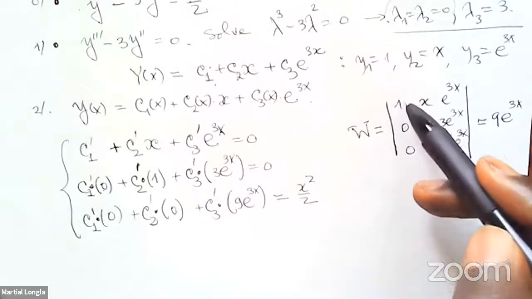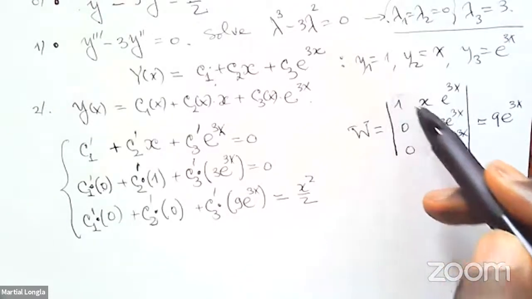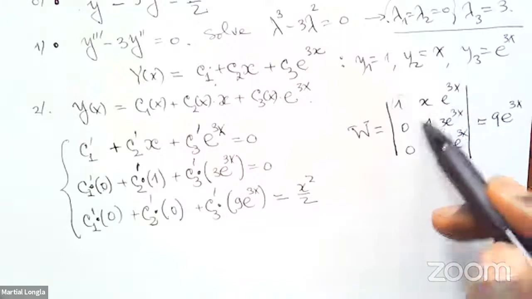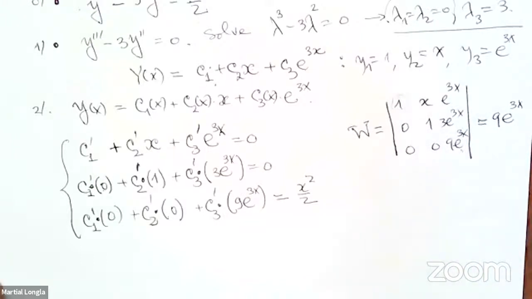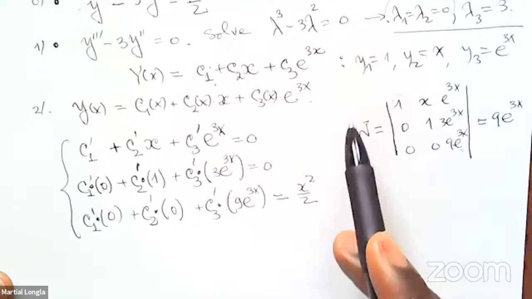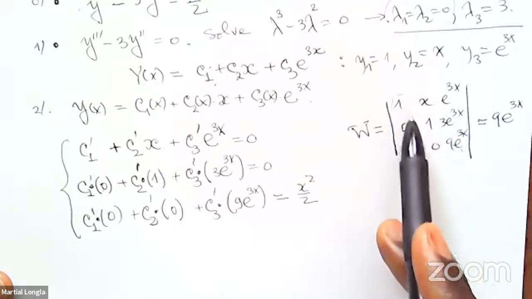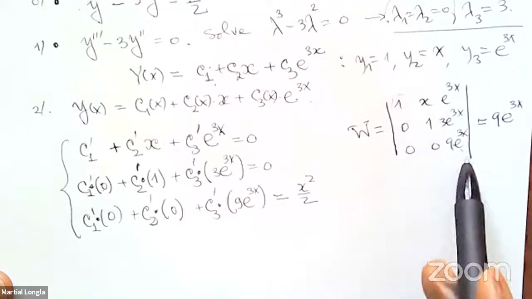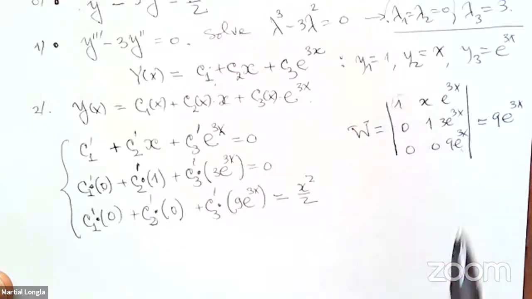Because when you break it down, it's just 1 times this one, which is just 1 times 9 e to the 3x. You have only zeros below the diagonal. When you have zeros everywhere below the diagonal, the Wronskian is equal to the product of the functions on the diagonal, 1 times 1 times 9 e to the 3x, which is 9 e to the 3x.